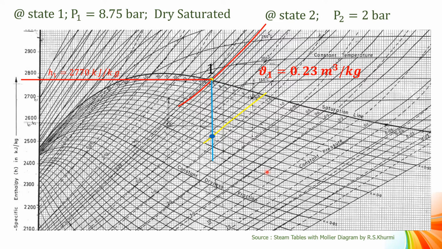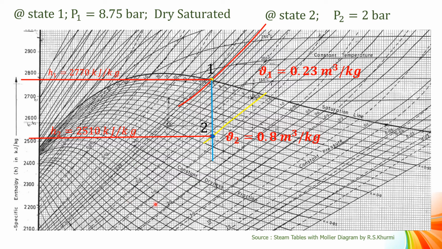So mark that point as 2. Now from point 2, we have to draw a line towards y-axis and measure the corresponding specific enthalpy, which is 2510 kilojoule per kilogram.